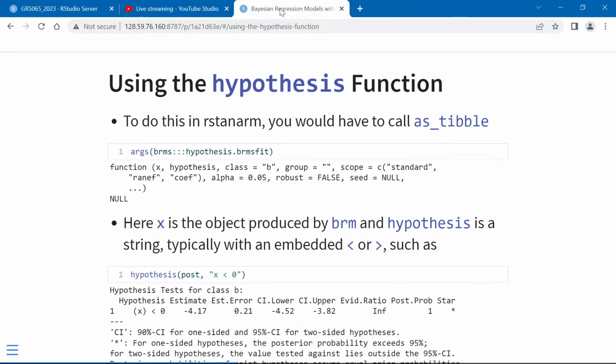So again, even though this is called hypothesis, and it is often misleadingly referred to as testing a hypothesis, we're not testing a point null hypothesis, or at least we shouldn't. Even if we're not doing Bayesian stuff, we should not be testing a point null hypothesis.